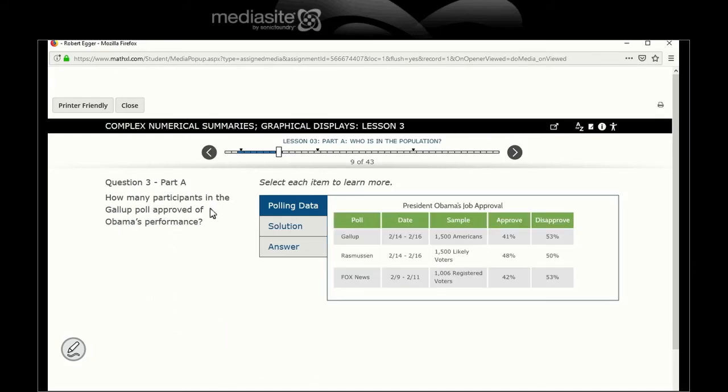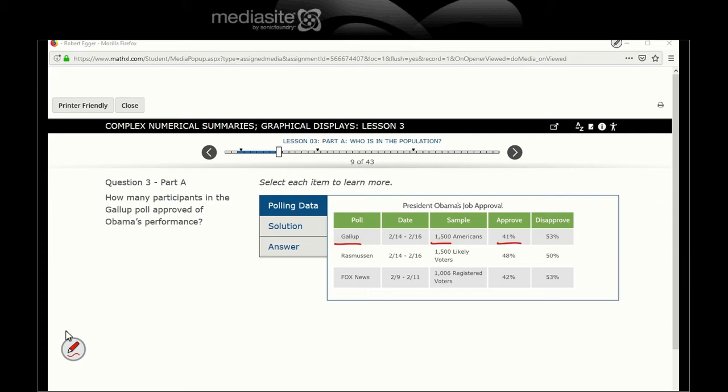Okay, so how many participants in the Gallup poll approved of Obama's performance? So again, we need to look at Gallup, sample size, and approval.